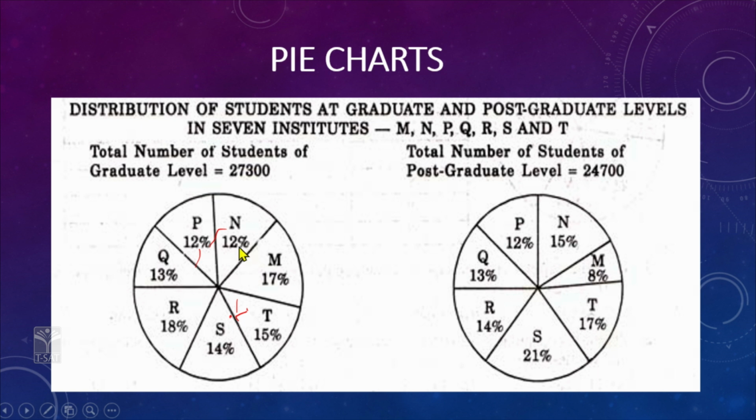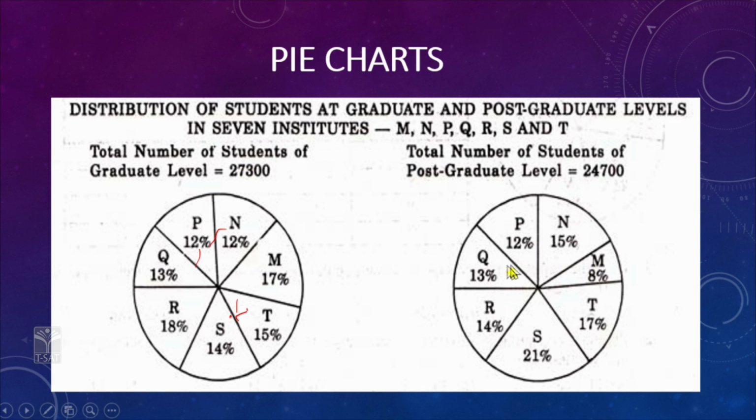In institution N there is 12% at the graduate level. Which college has the maximum number of admissions at postgraduate level? Here it is 12 and this is also 12, this is 17, 13, 18, 14, 15. So, institution R has the maximum number of admissions at graduate level, 18%.